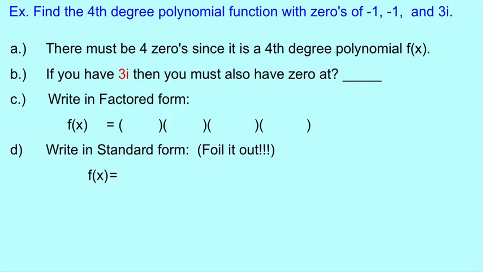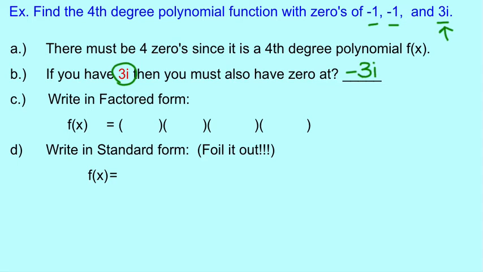All right. Last example in this video, we have a fourth degree polynomial. We give you a zero at negative 1, another one at negative 1, and then 3i. Notice that this is a complex zero. So since you have 4 zeros, you must have a fourth degree polynomial. If you have a 3i, then you must have another zero at, remember, its conjugate, negative 3i.